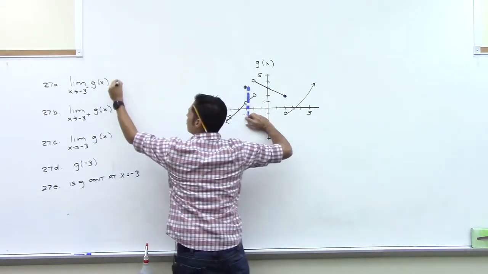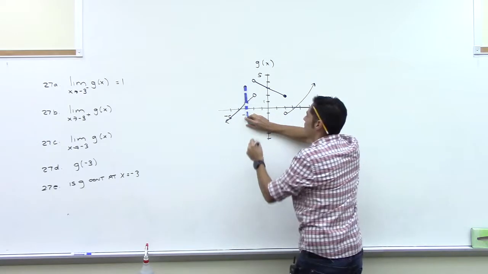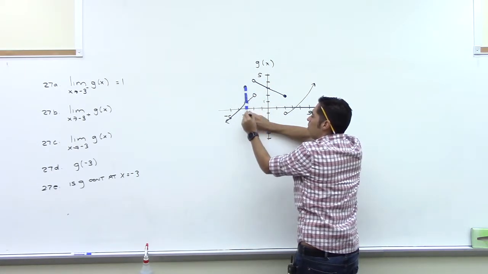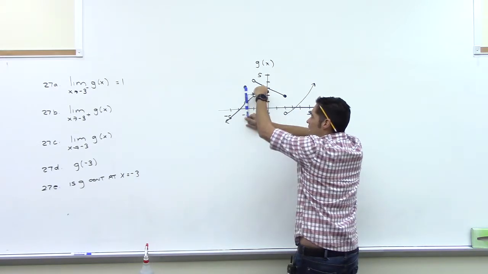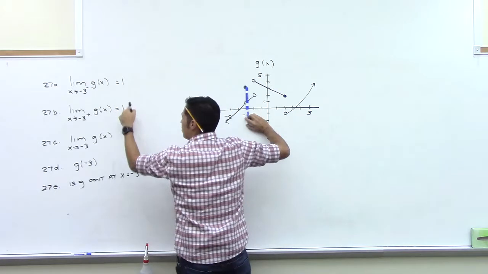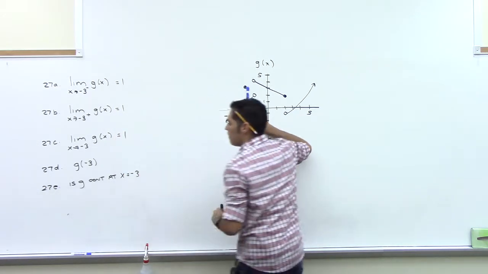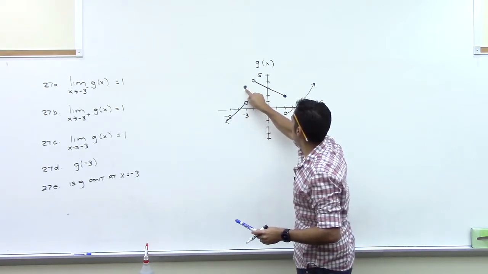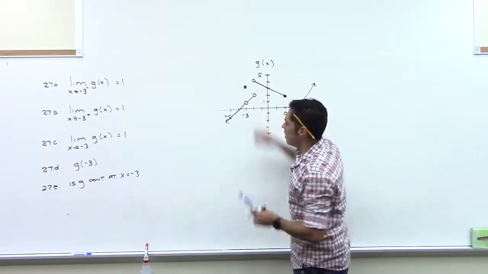So we're going to be approaching 1 from the left. Now from the right, same thing. It's doing some stuff over here, but as we get closer to -3, the y values are again 1 unit high, so we get 1 again. These match, so this is also 1. Now G of -3, we plug in -3, it spits out this point up here. So it's 1, 2, 3. Looks like it's spitting out 3.